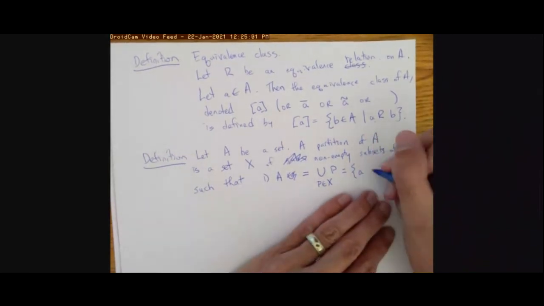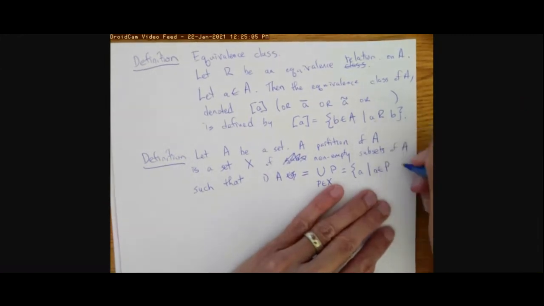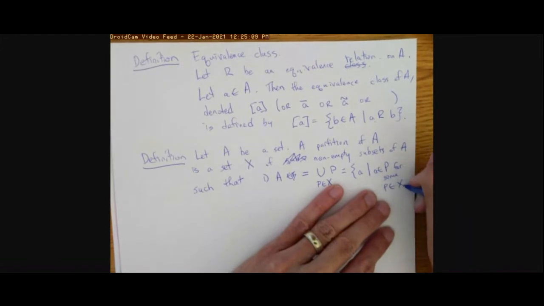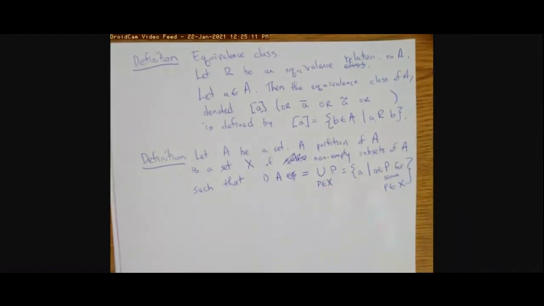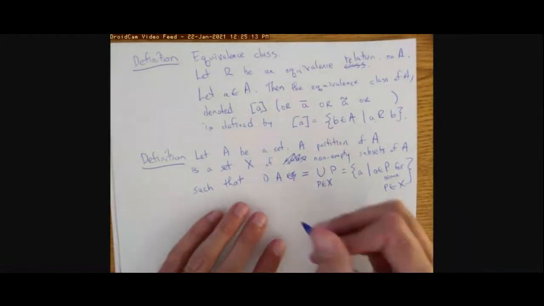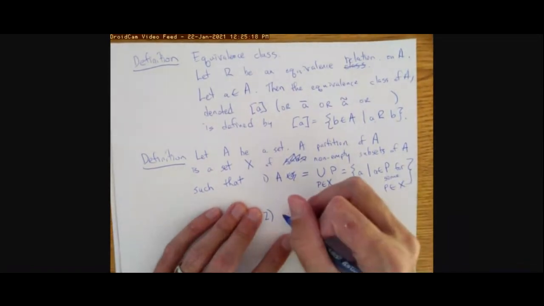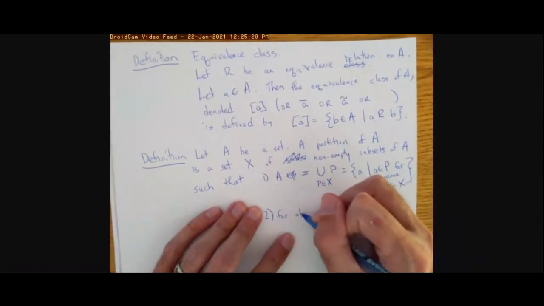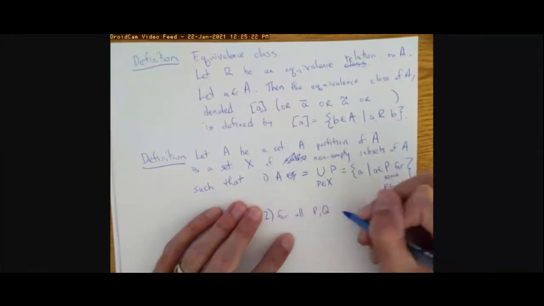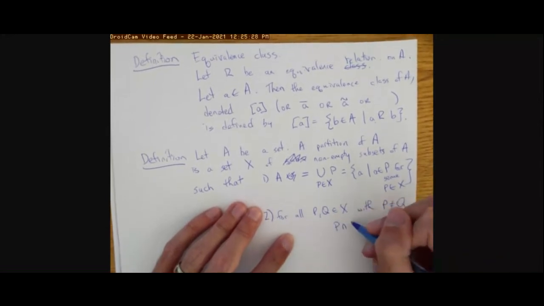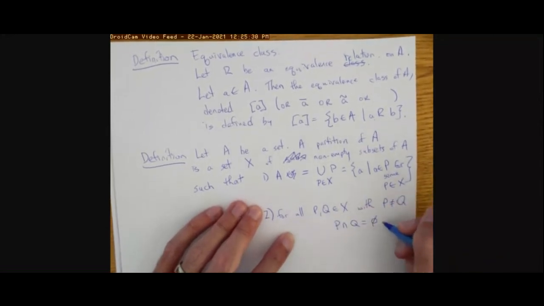So it's all the elements a such that a is in P for some P in X. And the second requirement to be a partition is that for all P and Q in X, with P not equal to Q, you have P intersect Q is empty.